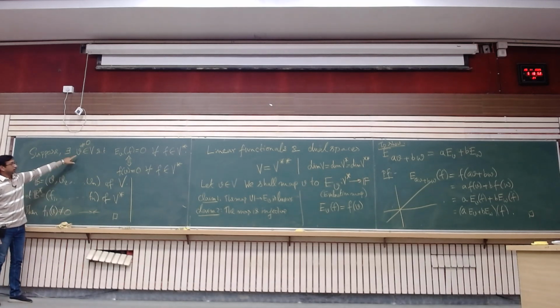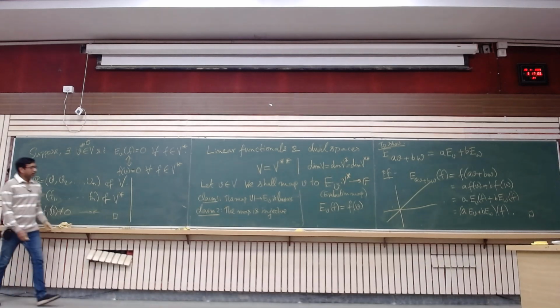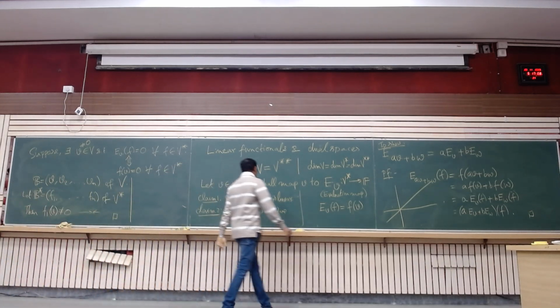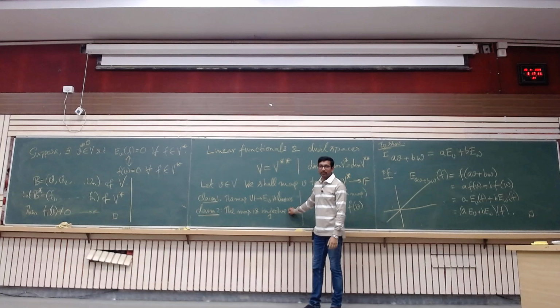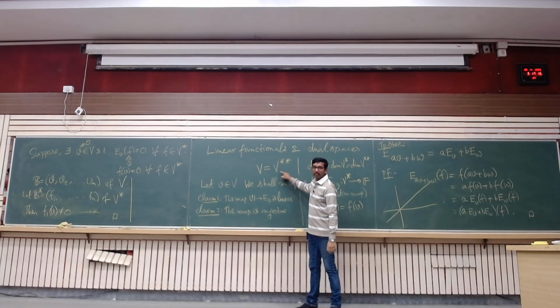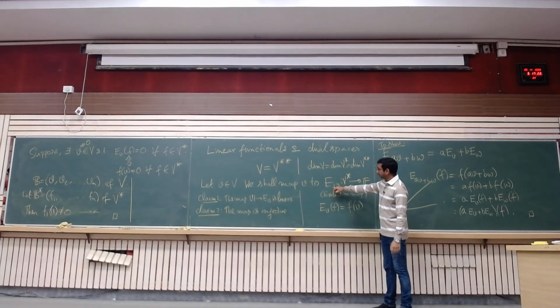So if V is some non-zero element of the vector space, then evaluation at that cannot take every linear functional to 0. There is some linear functional which is non-zero there. In other words, we have already proved that this map is injective. That completes the proof that V and V dual are canonically isomorphic, that V goes to EV is a canonical isomorphism.